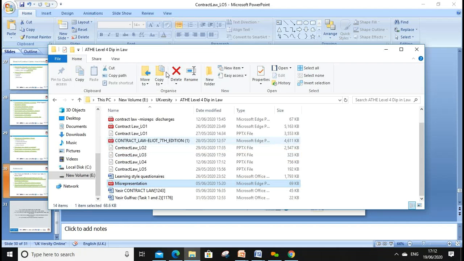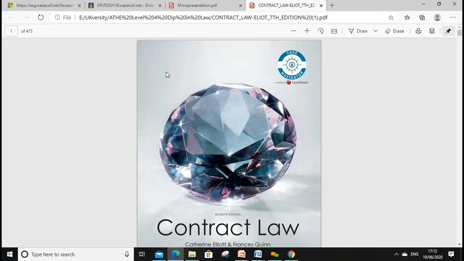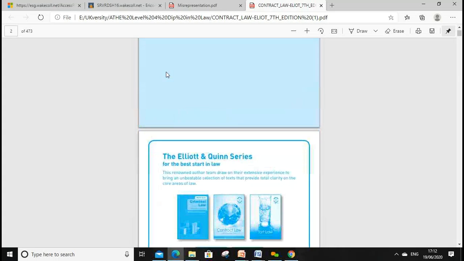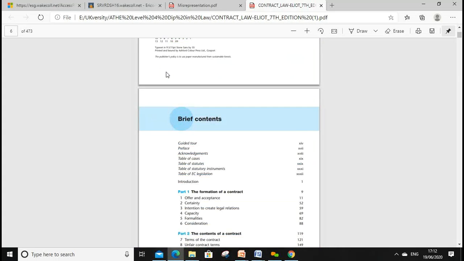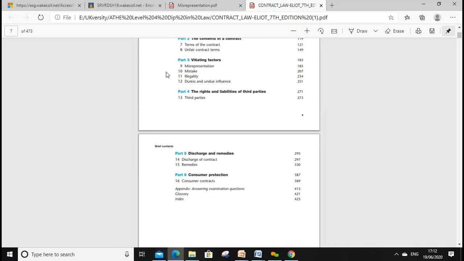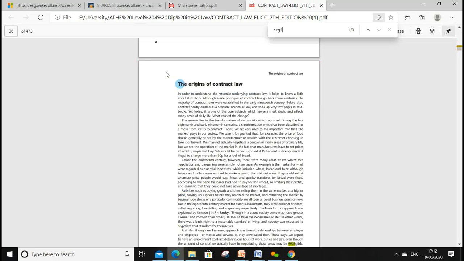And we have a book as well. What sort of tort and negligence, and what sort of negligence. So I will upload the mind maps for negligence as well. I've downloaded this book. The book is quite useful, and when you need to search something, just press Control F and type the keyword.